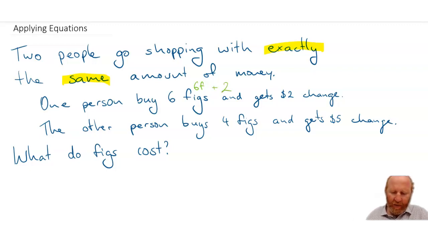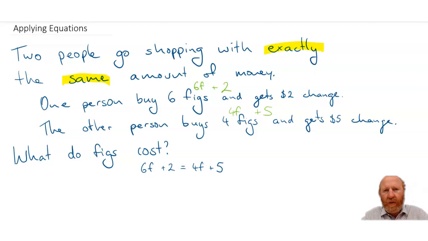The other person has 4 figs and gets $5. We said at the very start that we were going to make one of these equal to the other. So we take this now and write it as 6f plus 2 is equal to 4f plus 5.